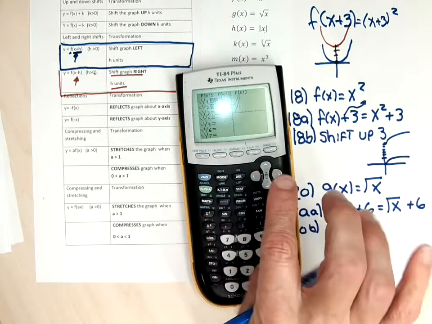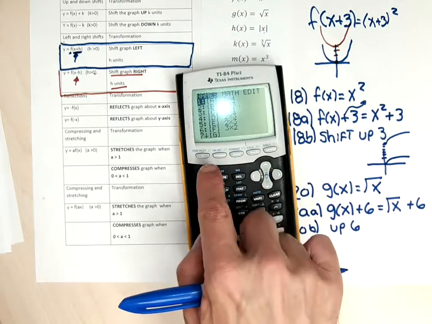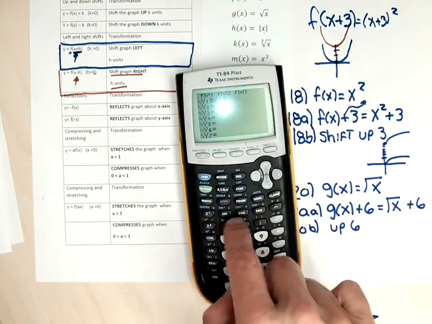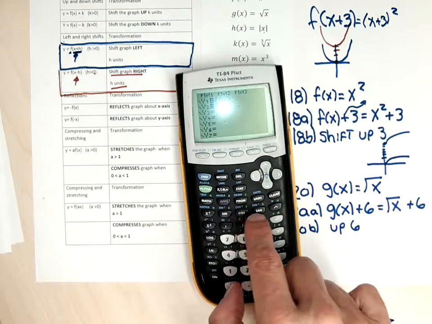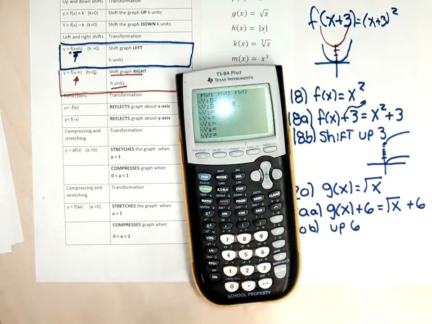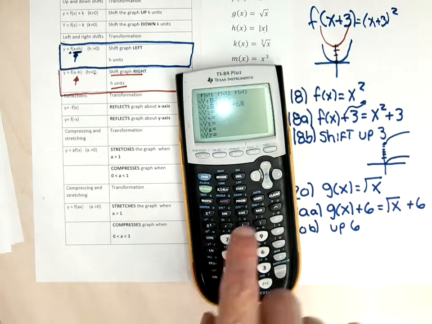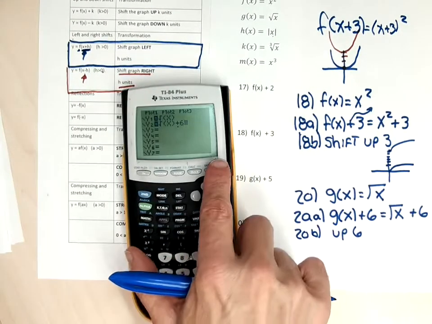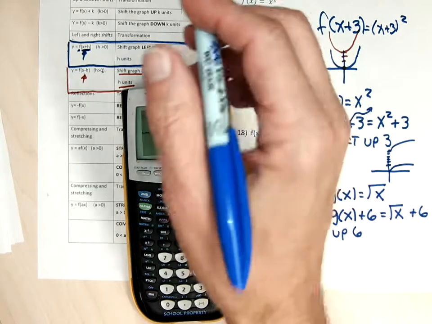So if I did in y1 the square root of x, and in y2 the square root of x, close out the parentheses to make it so that plus 6 is not under the square root, it's going to give me the square root of x, and then up 6 units is the square root of x plus 6. It just took the whole graph and moved it up.